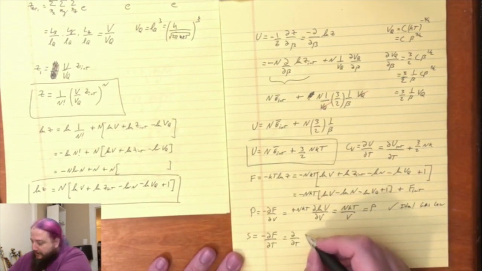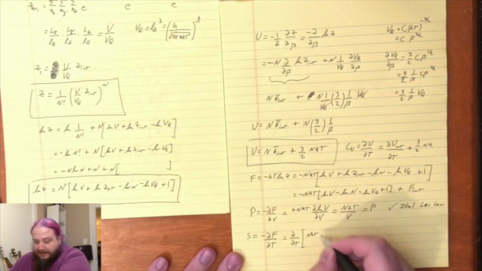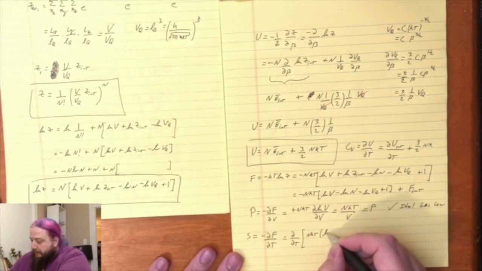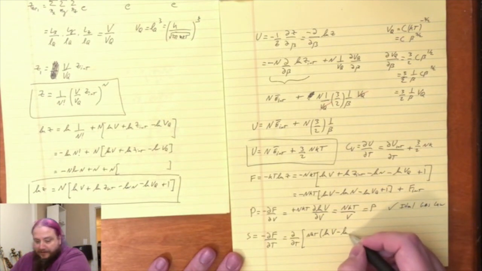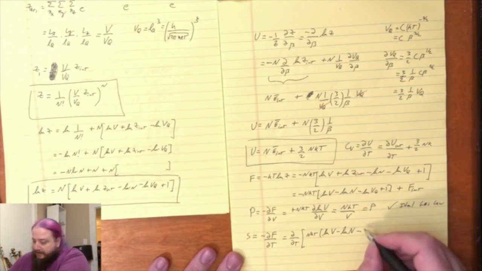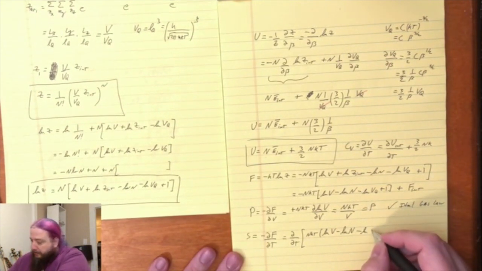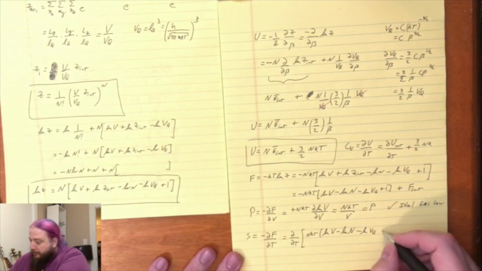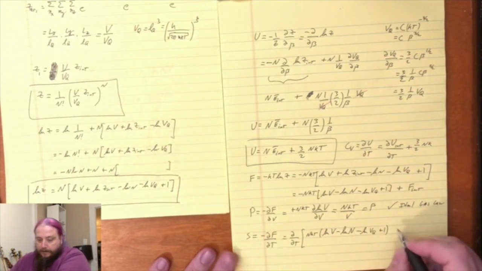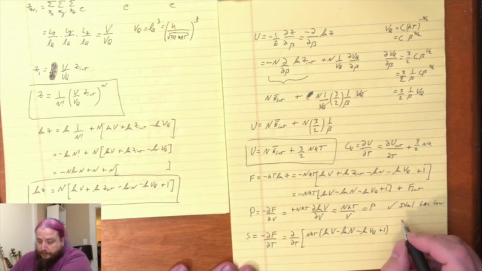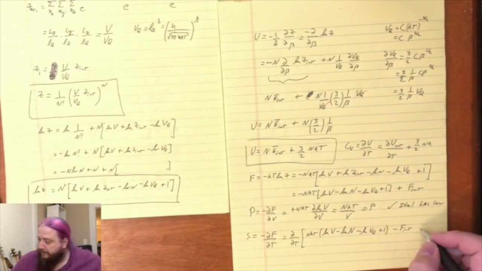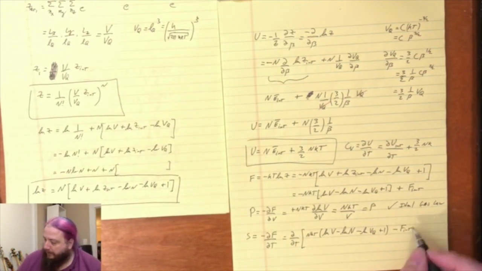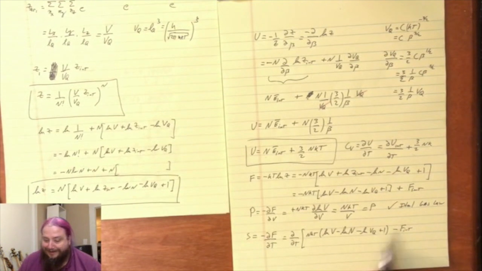So this is nkT, and again we're going to have logarithm of V minus logarithm of n minus logarithm of quantum volume plus 1, and minus F interior, again because the minus sign propagated inside.